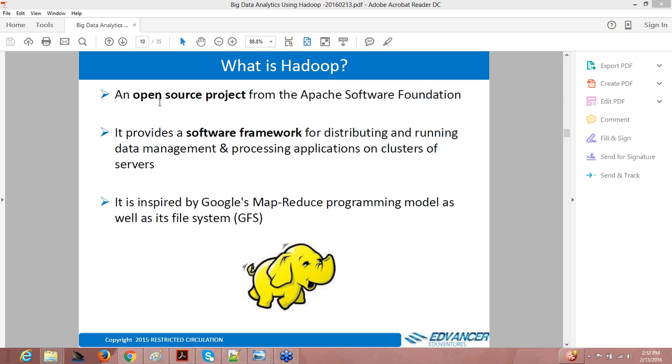Since Hadoop is a distributed system, we can scale the cluster horizontally and store several petabytes of data. And one of the USPs, the unique selling points of Hadoop, is that it can be set up on commodity hardware. Commodity hardware is hardware which is inexpensive and which we can buy from multiple vendors in the market.